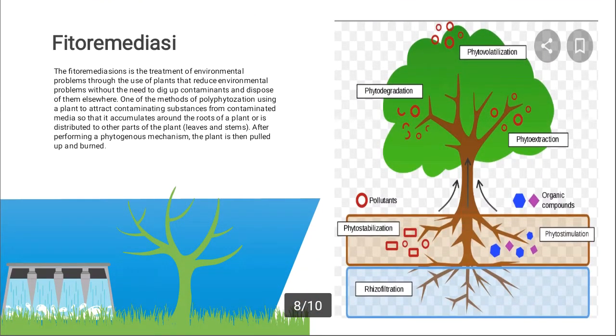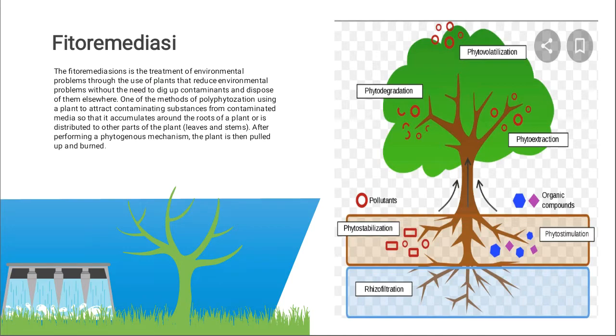Next is phytoremediation. Phytoremediation is the treatment of environmental problems through the use of plants that reduce environmental problems without the need to dig up contaminants and dispose of them elsewhere.